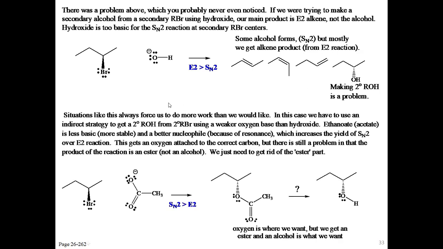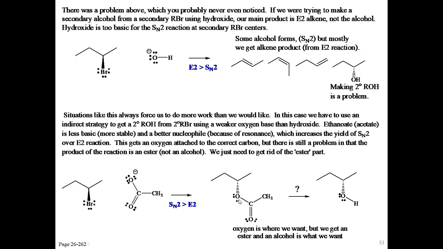It turns out that there are ways around it, and a way for us will be to use a different kind of oxygen. You'll notice this is an oxygen minus, like the oxygen minus up here, but this oxygen minus is really stabilized well by resonance since it's spread over two oxygens. It's much more well behaved in the SN2 reaction and does an SN2 backside attack, so you can see that the stereochemistry is opposite now.